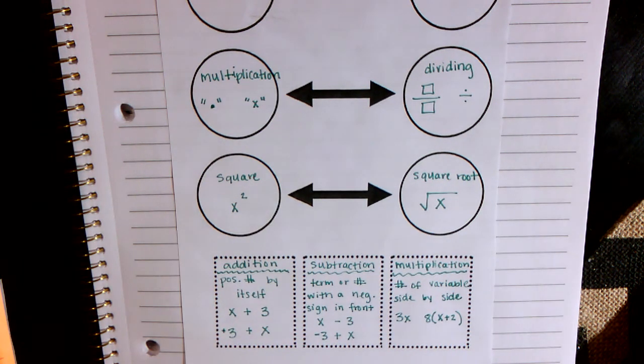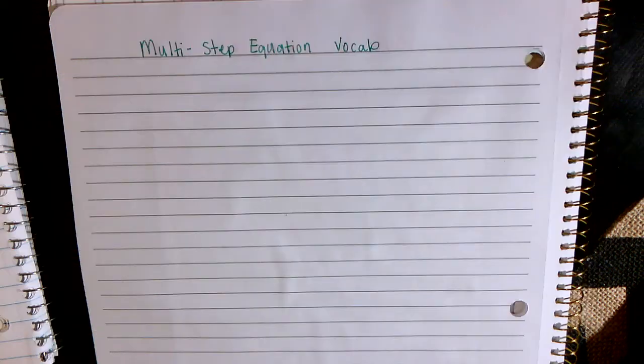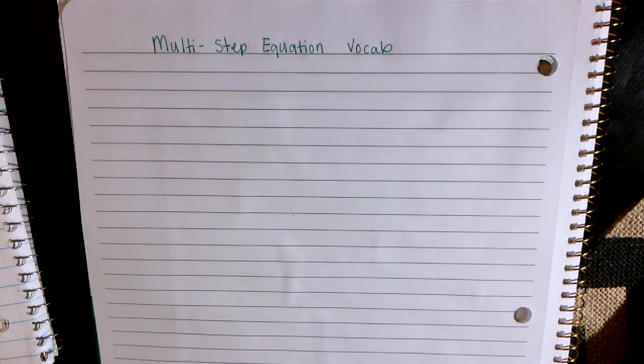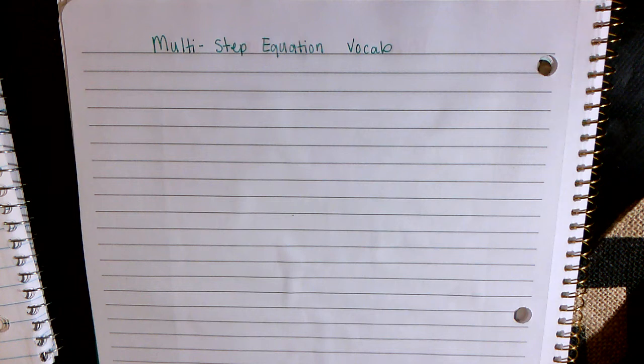Now, let's flip over and start page 2 of our notes, which is going to look at some vocab with our equations. Okay, for page 2, you're going to title it Multi-Step Equation Vocab.